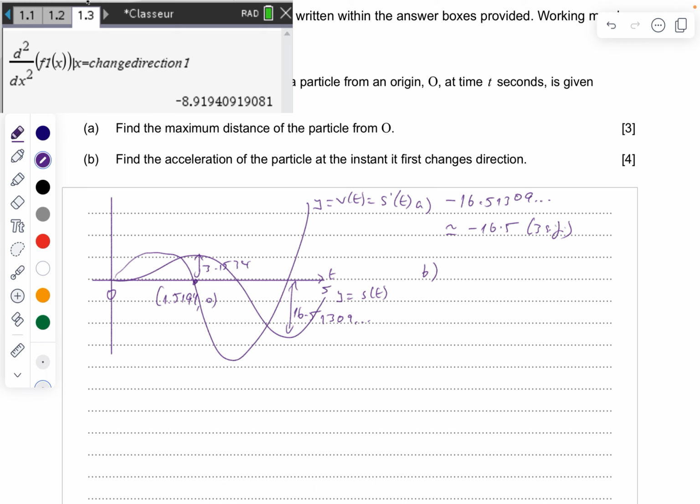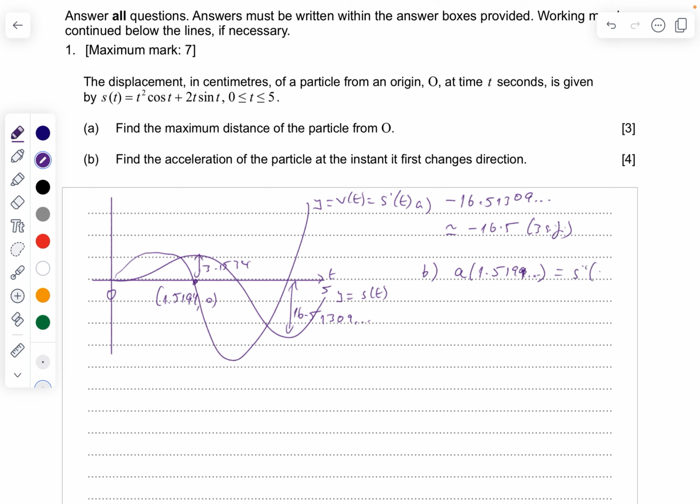So we want a equals a of t, a of 1.5199, which is s double dash of 1.5199. Put that in the calculator, see what we get: negative 8.919409, which is approximately equal to negative 8.91. And this is in meters per second per second. And this is in meters, I should put meters there.